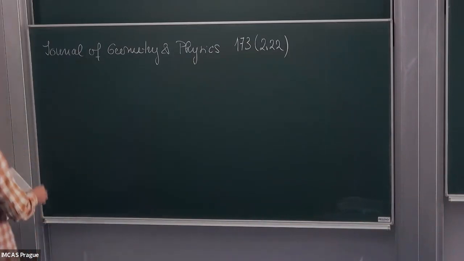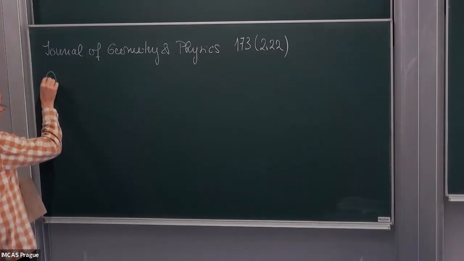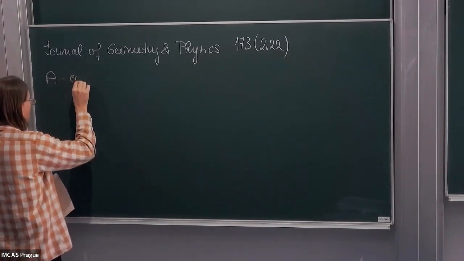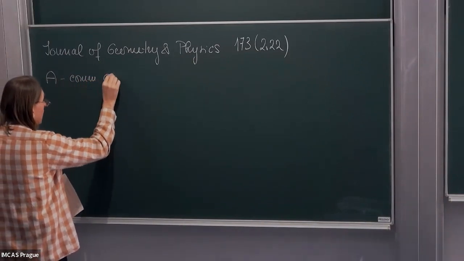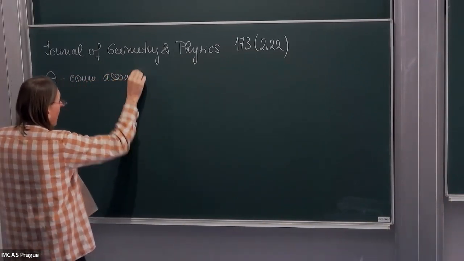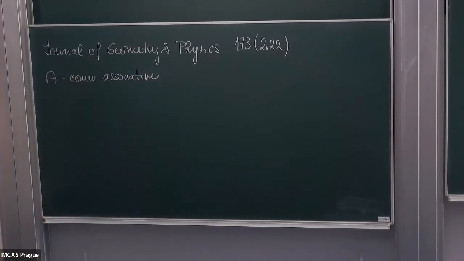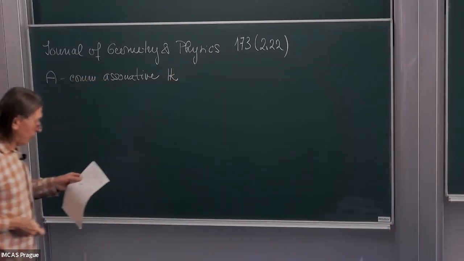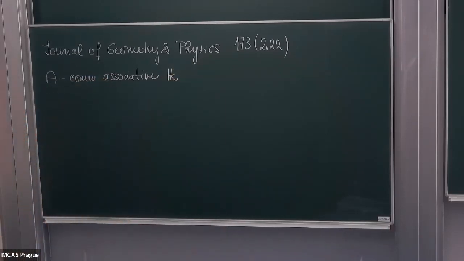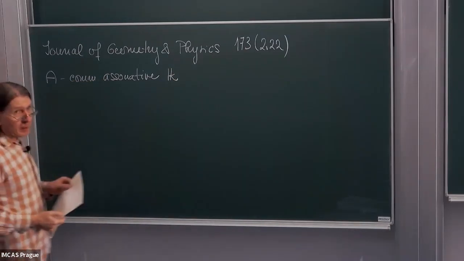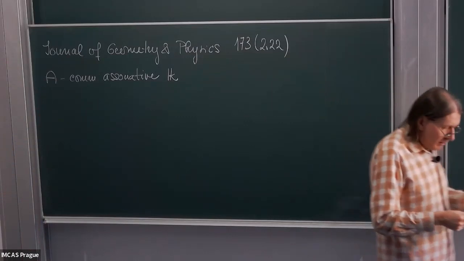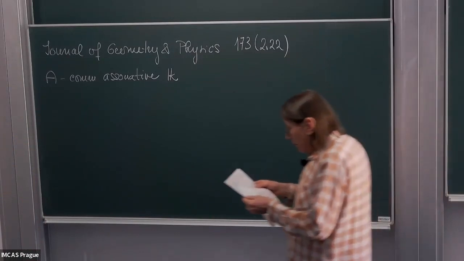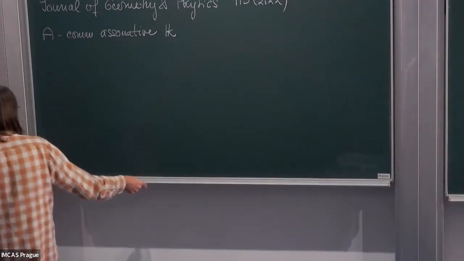So let me start by recalling some very classical notions. A will be, during my talk, a commutative associative algebra over a field K, which will probably be of characteristic 0, and it may or may not have a unit. I will usually assume that it has a unit because it simplifies some things. Everyone knows what a derivation is.